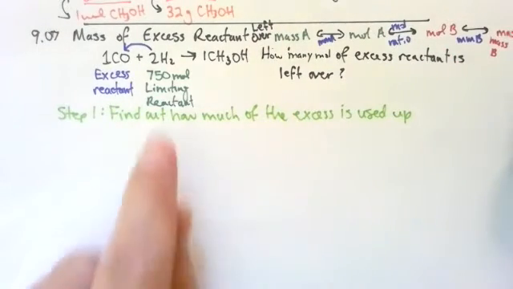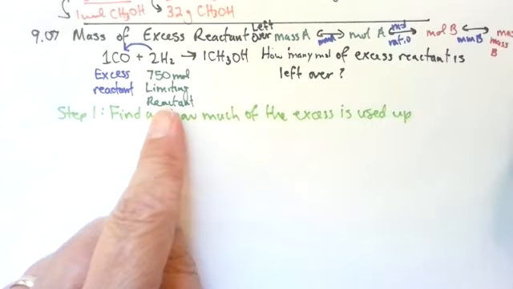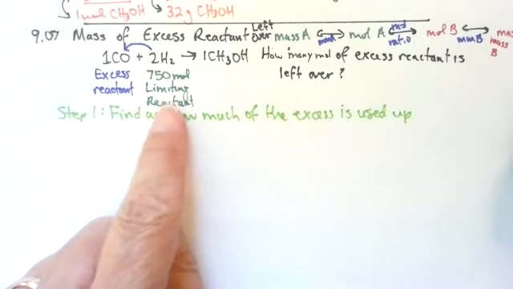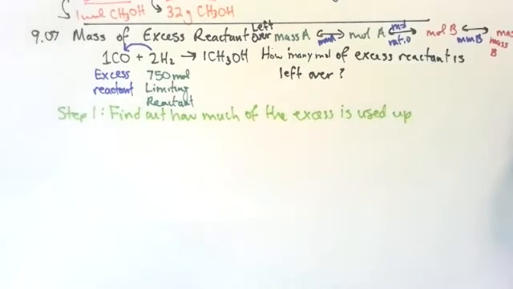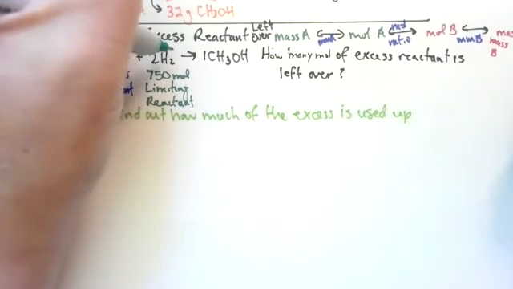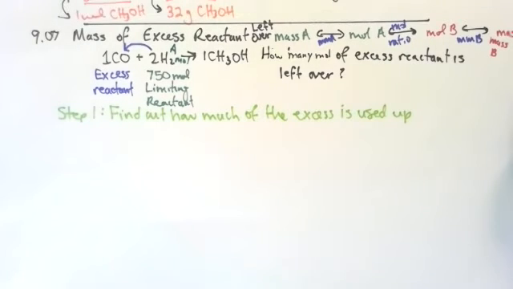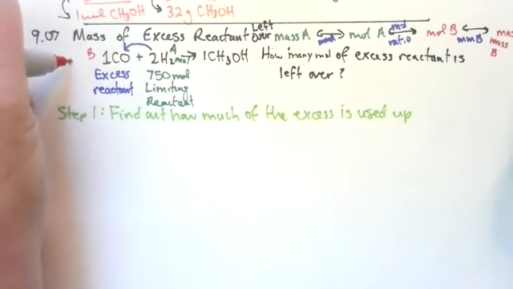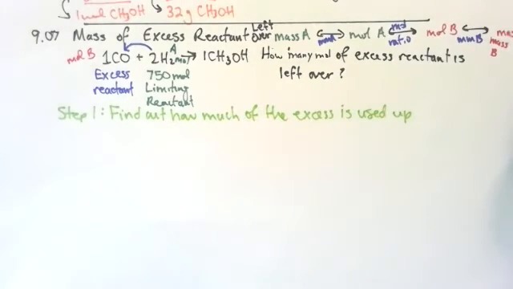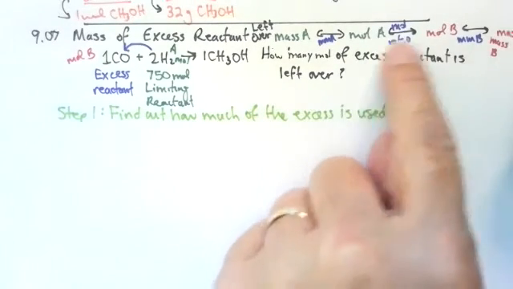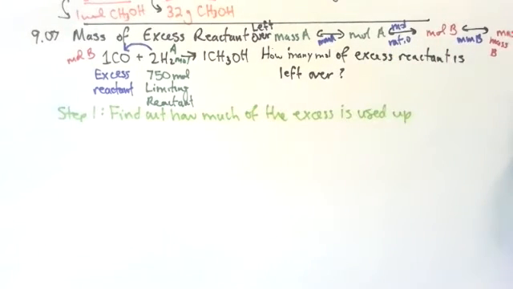Remember, the limiting reactant steers the reaction. He is the one in control. He decides how much of everything else gets used up. So my starting point is here, in moles, and my ending point is here, also in moles. This is going to be a pretty simple mole to mole calculation.